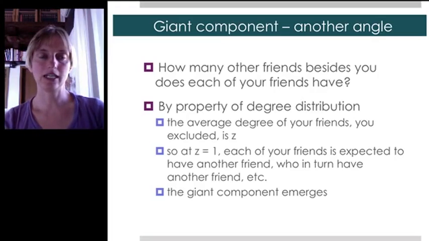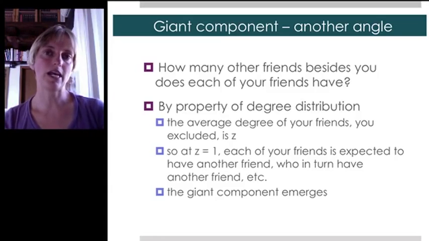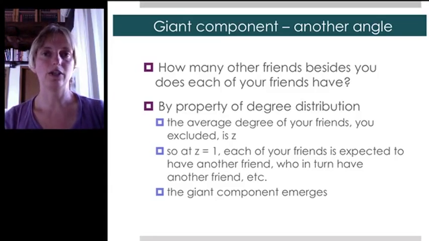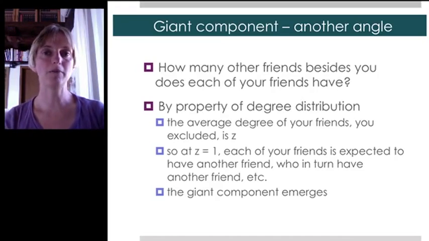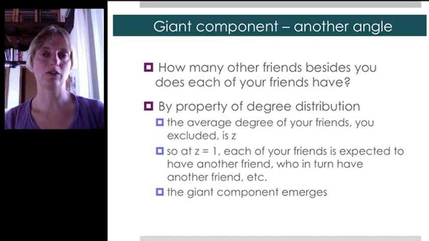And there's a nice property of the degree distribution, because it has an exponential tail, and an exponential distribution will tell you that the average degree of a node that you're connected to, excluding yourself, so how many friends do they have besides you, is the average degree in the network.